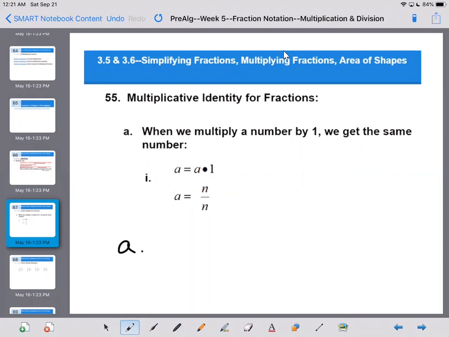So to begin, we know that with the multiplicative idea, if we have A and we multiply A by 1, we're going to get A. And so we're also thinking that A could represent n divided by n. We know that n divided by n would be the same as 1.